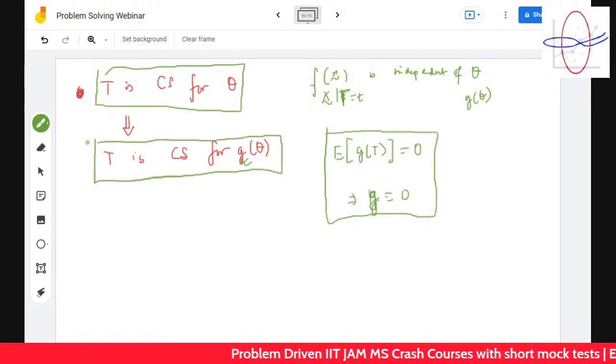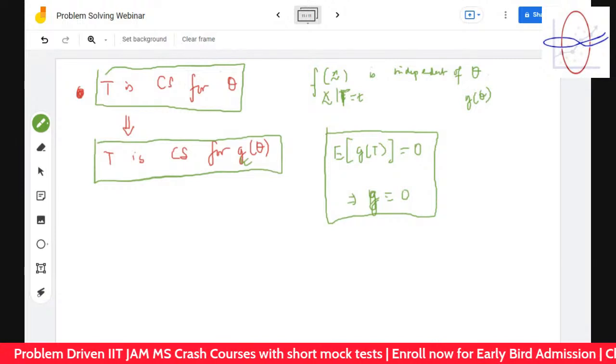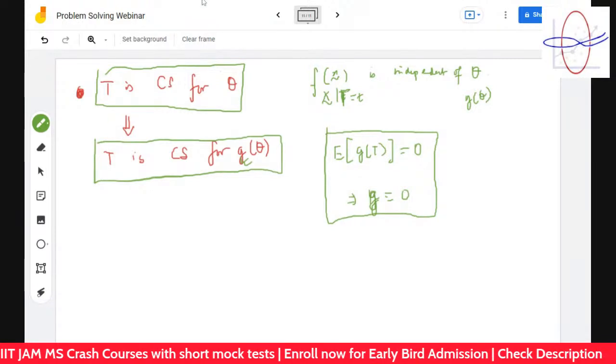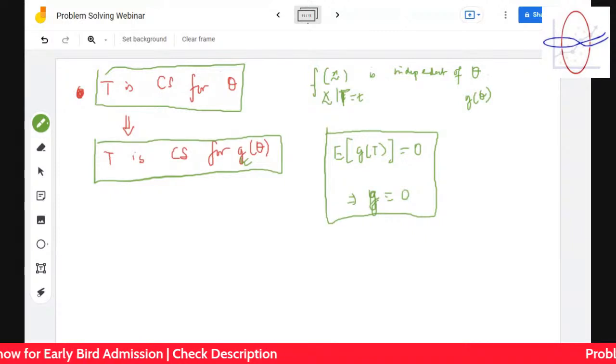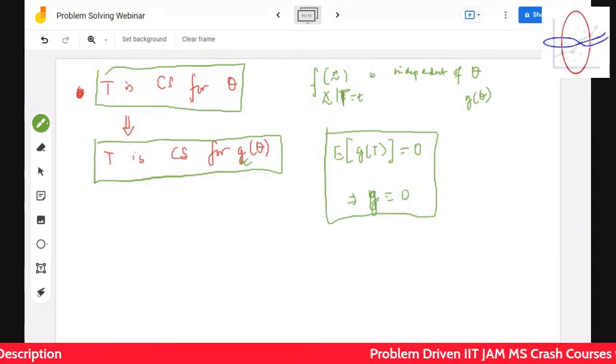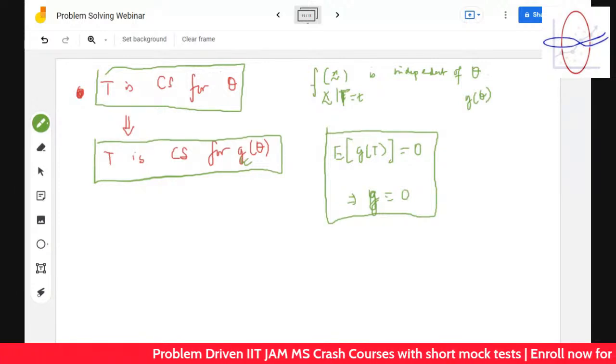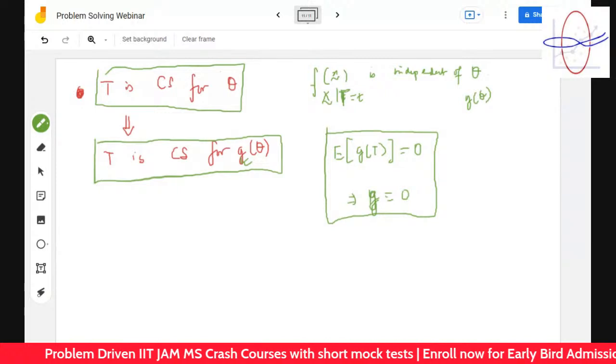It means that if T has all the information about theta, then T has all the information about g of theta. It's very simple to understand. Did you understand this small subtle step, guys? This is a very important step. It's also intuitive. Are there any other doubts?